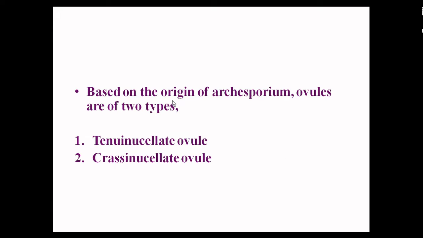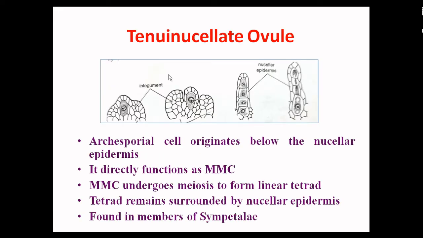Now, based on the origin of archisporium, ovules can be divided again into 2 types: the tenuinucellate ovule and crassinucellate ovule. In the tenuinucellate type of ovule, the archisporial cell originates below the nucellar epidermis, and it may directly function as a megaspore mother cell. This megaspore mother cell remains hypodermal in position, and the nucellar tissue around it remains single layered.